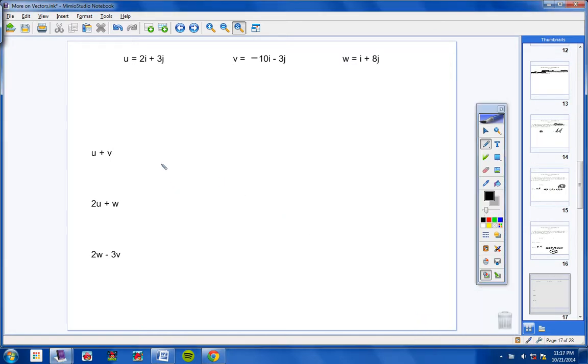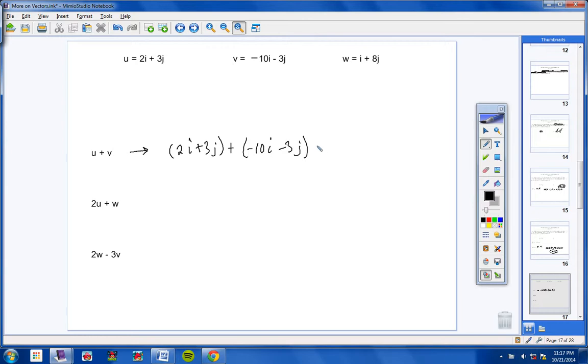Now for these quick examples here, students, you'll probably feel like you're back in Algebra 1. I'm going to go really quick through these, so take some really good notes. You can see they're very simple. We're adding and subtracting vectors. Only the vectors are in linear combination form, not component form, but it's still very easy, okay? u plus v, so u is 2i plus 3j plus v, which is negative 10i minus 3j.